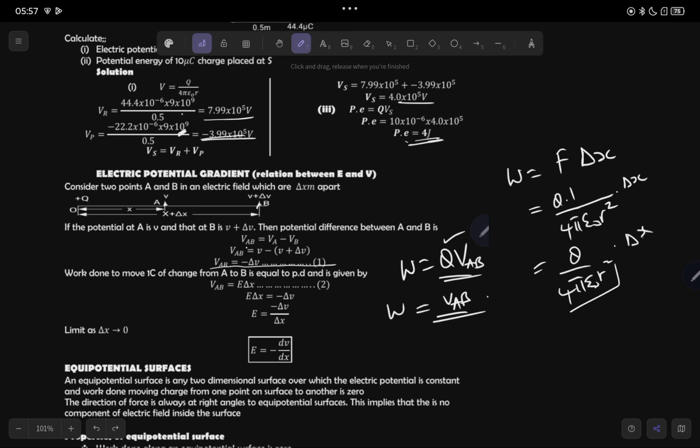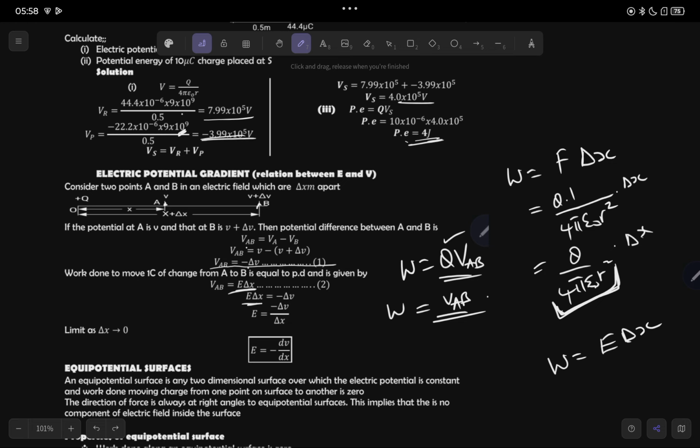Now if you look at this first part of the formula for work, this one is the electric field intensity, which means our work done is actually electric field intensity times delta X. Now this E delta X is the same as delta V, as we have shown up there.